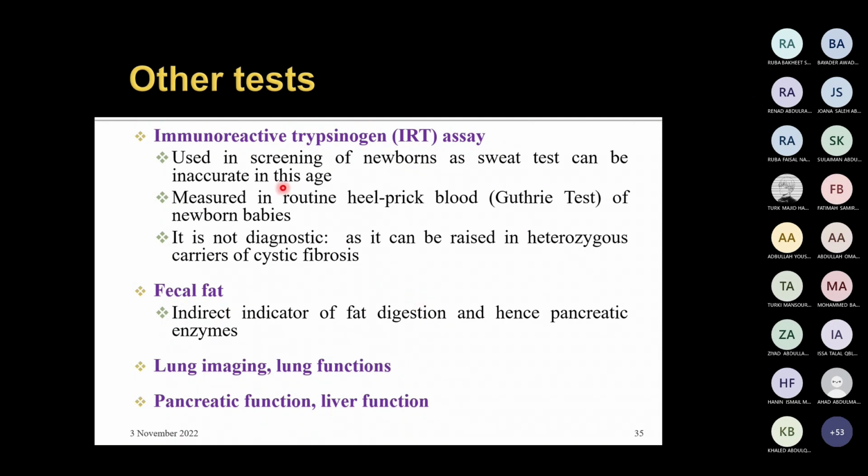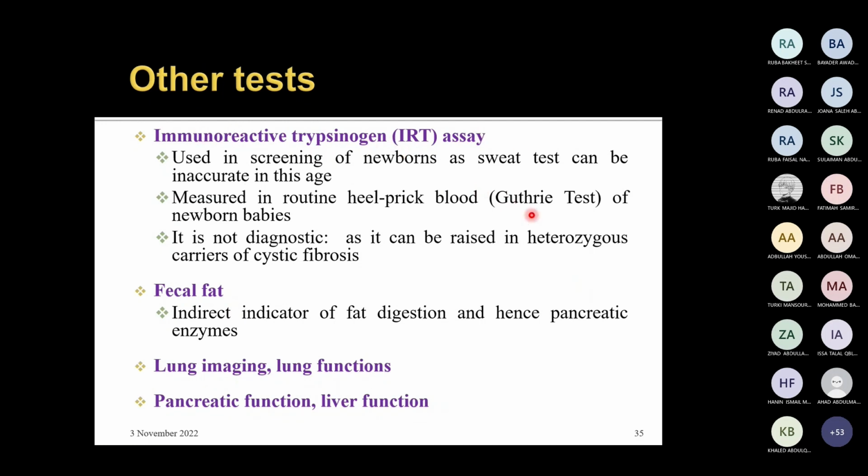So we used to screen in what we call the Guthrie test in the newborn. The Guthrie test is the screening that happens to every newly born child. For every newly born child, we take a few drops of blood from the heel, put it on a paper called Guthrie paper, and this paper goes to do a lot of testing on inherited diseases. One of these tests is the immunoreactive trypsinogen assay.